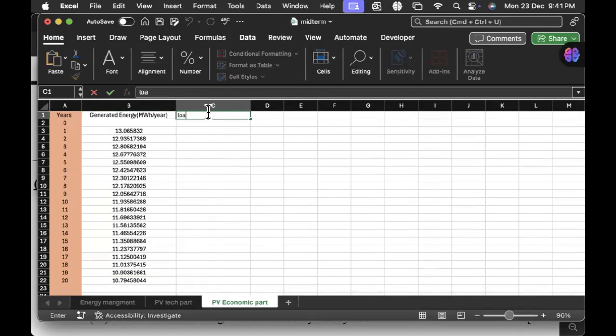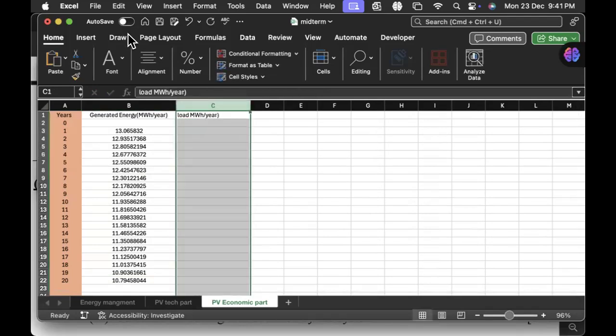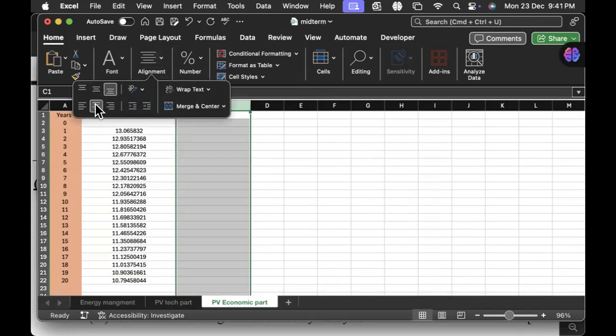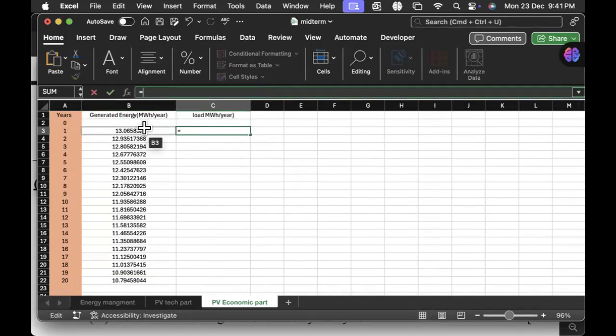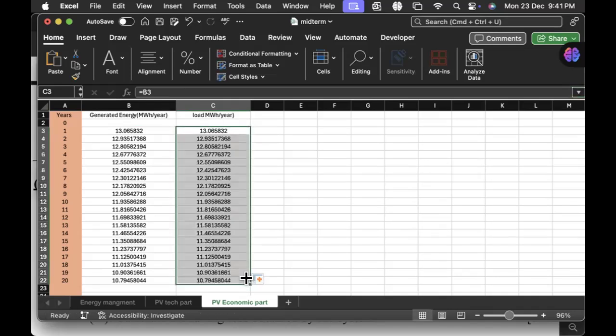So in here, I consider the load in megawatt hour per year. Here, as you can see, this will simply be this number. But the point is, this number will not decrease. The load will not decrease.